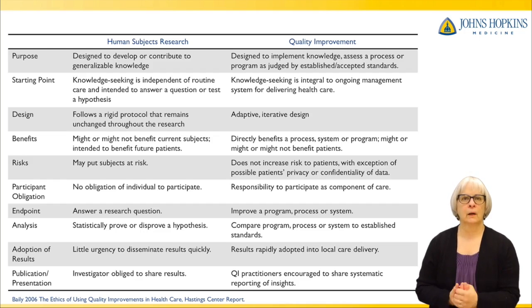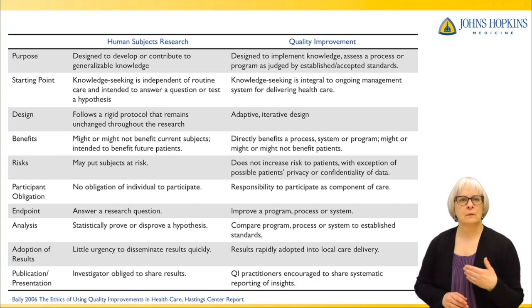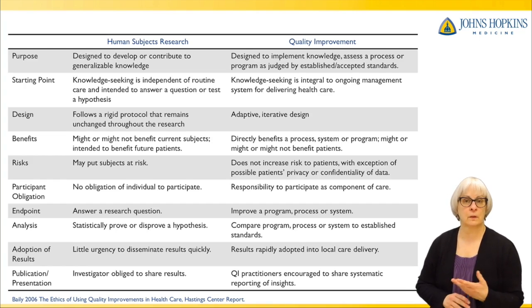The benefits: in human subjects research, you may or may not benefit subjects. It's certainly not done with the plan to benefit the subjects or the patients who are participating, but it's intended to benefit future populations of patients and others. In QI, you want to directly benefit the system or the process where you're doing the work.